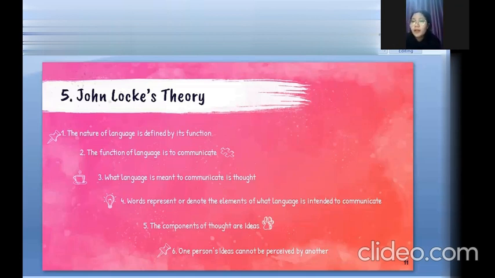For number 5, this point is the components of thought and ideas. The word idea as employed here is a technical phrase, and Locke made it clear that it is a technical term by utilizing it every time he used it.